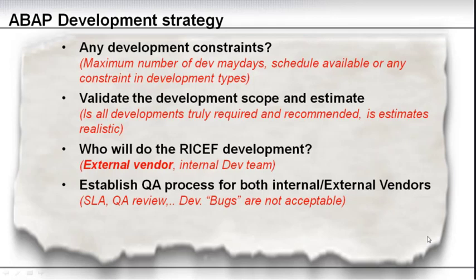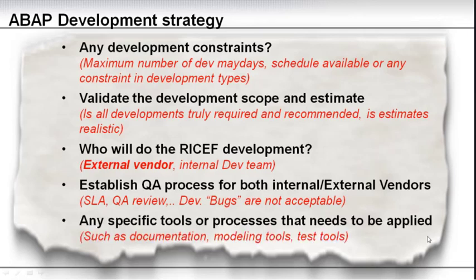So make sure you have service level agreement if it's external vendors. Even if it is internal vendors, you can have a service level agreement. Make sure you have QA review in there. You need to have a culture where bugs are not acceptable. That needs to be your culture, and it needs to be stressed when you do your kickoff workshop for the development work.